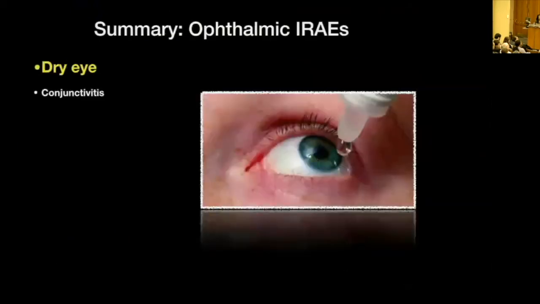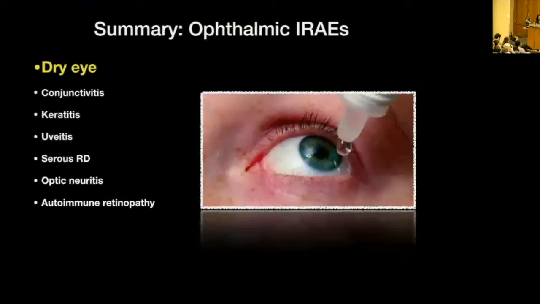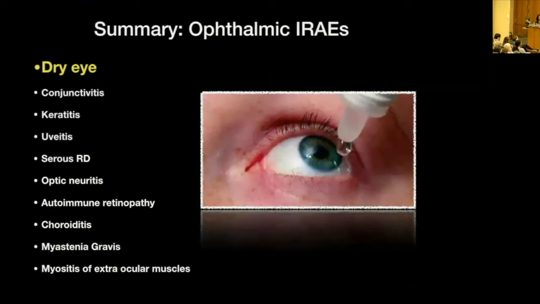Patients can have dry eye, conjunctivitis, keratitis, uveitis, serous retinal detachments, optic neuritis, autoimmune retinopathy, choroiditis, myasthenia gravis, and myositis.